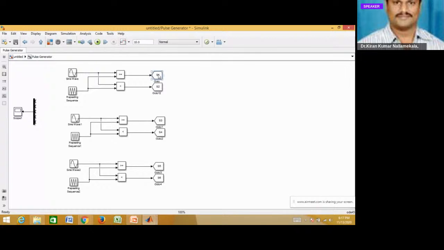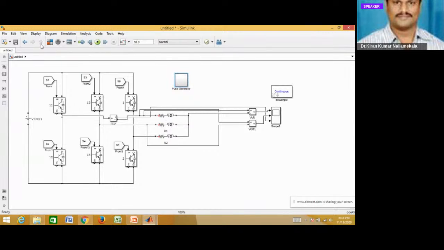And now these are the go to block and from block elements. This go to block receives the signal from the greater than or equal to block and passes this signal wherever you use the same S1 from the block.